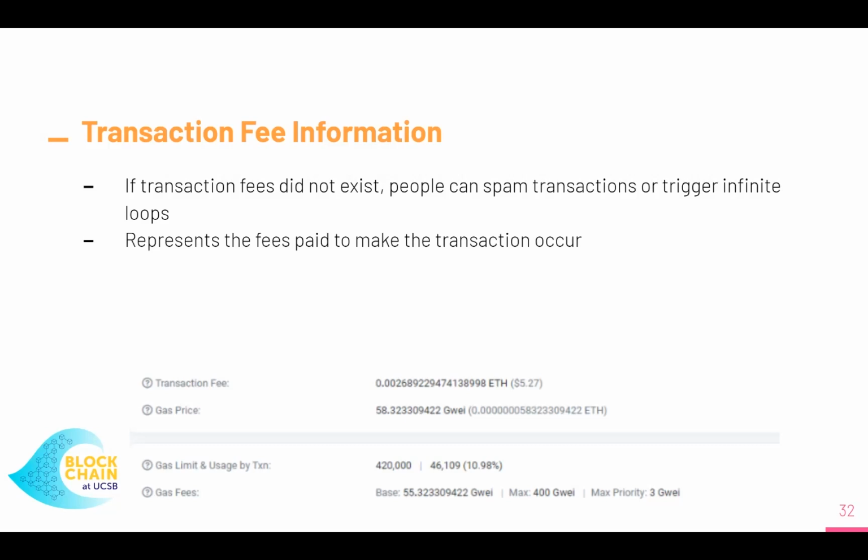Or they can trigger infinite loops in smart contracts. Right, smart contracts just contain arbitrary logic. And if you write an infinite loop in that arbitrary logic and you make all the nodes compute the infinite loop, right? This would also overload the network.